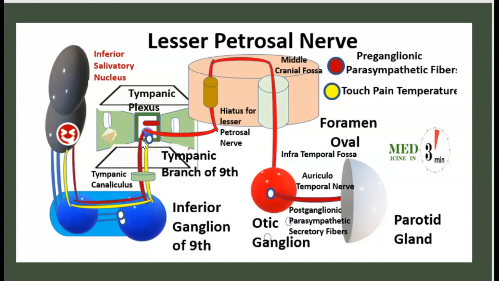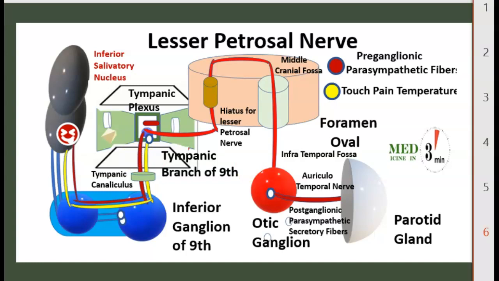I repeat, fibers of touch, pain, and temperature terminate in the promontory, in the tympanic plexus. But preganglionic parasympathetic fibers make a separate bundle from the tympanic plexus.